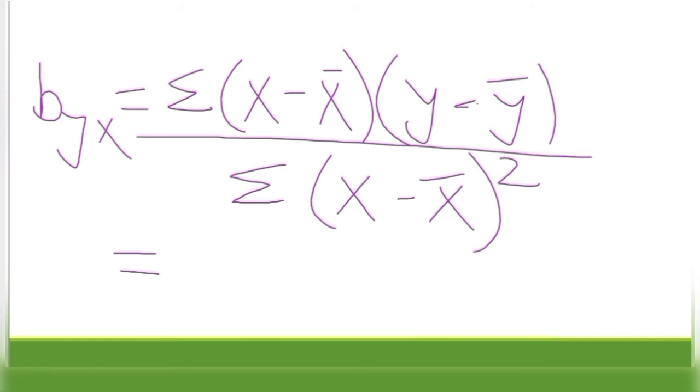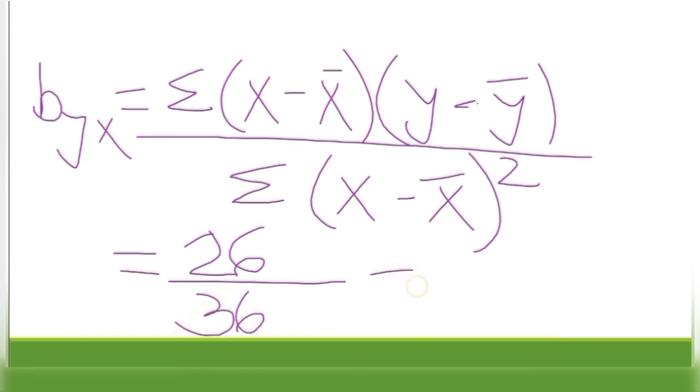Sigma x minus x bar into y minus y bar, that is the last column, and that we had got the value 26, and divided by sigma x minus x bar whole square, that value was 36. So this comes out to be 0.72.